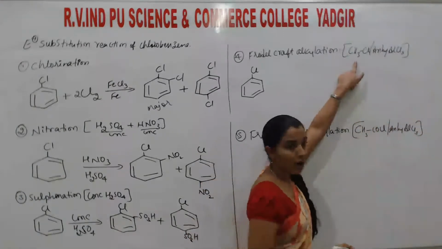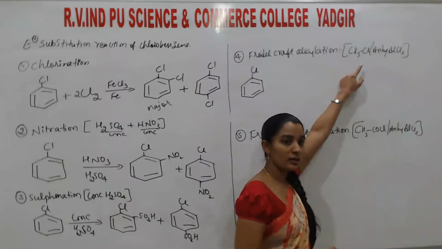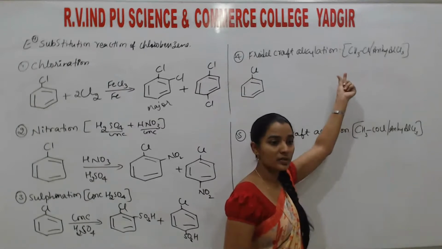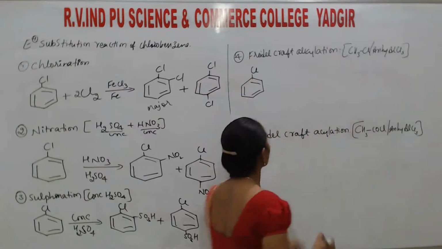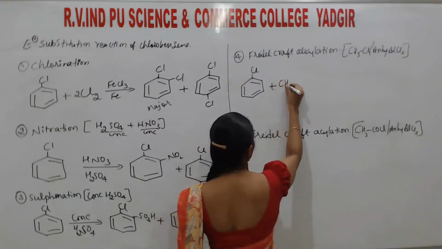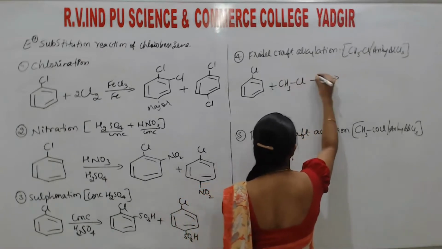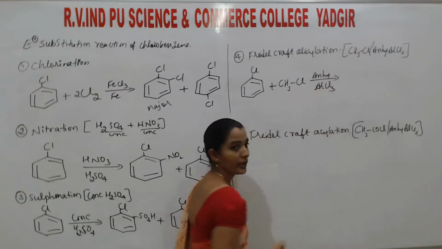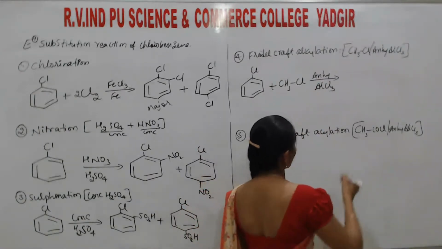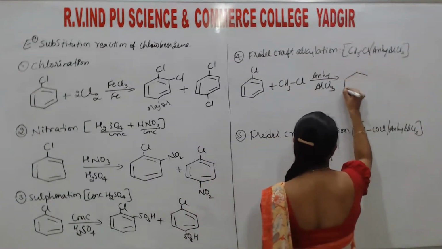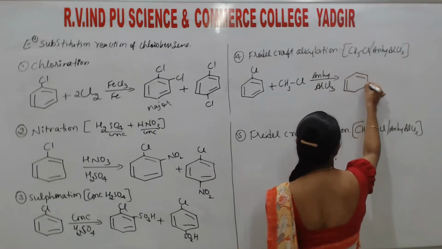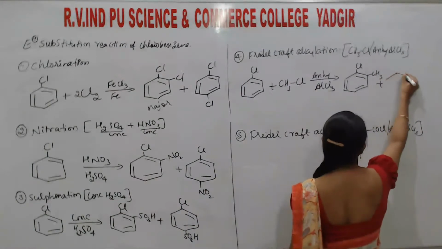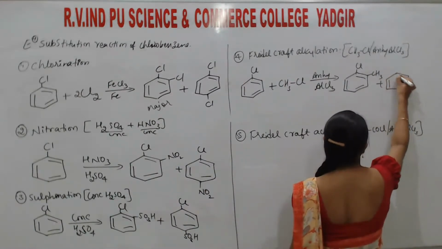In this, how can CH3Cl dissociate? CH3+ and Cl-, then the plus species is going to attach. So here the benzene is there, here you are using CH3Cl in presence of anhydrous aluminium chloride. Then what is the product formed here? Here Cl, here it is CH3, plus another one is para substituted.